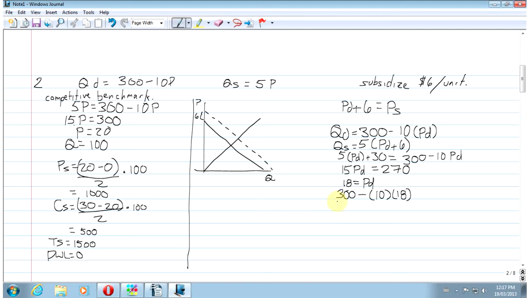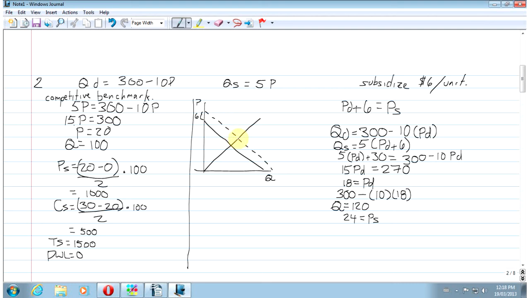Okay, so my new quantity is 120. Okay, and if 18 is PD, then we know that PD plus 6 equals PS, so PS is 24. Conversely, you know that you need to supply 120 units, so 120 divided by 5 is 24. Okay, so now we've got our new equilibrium here.